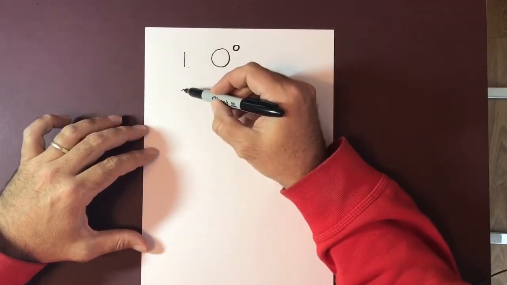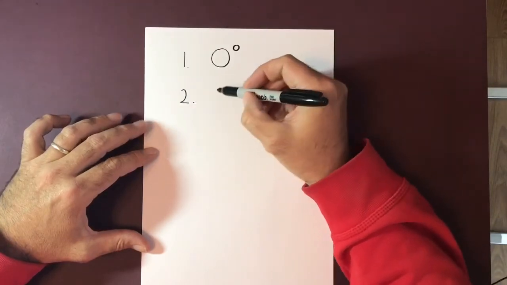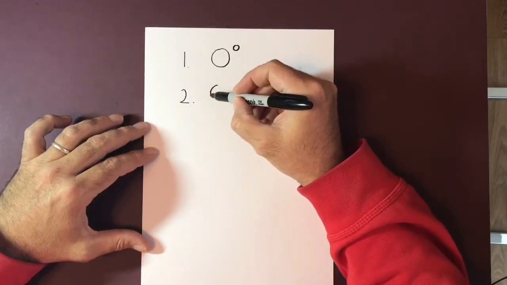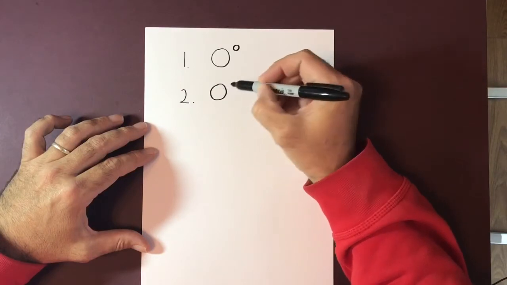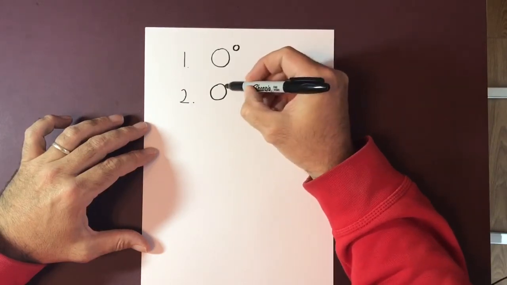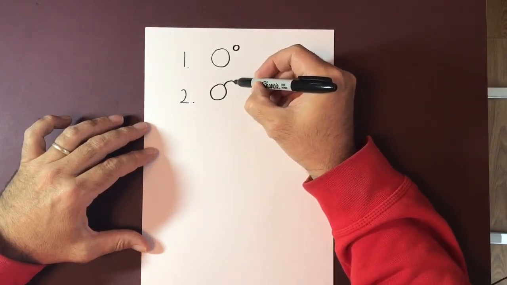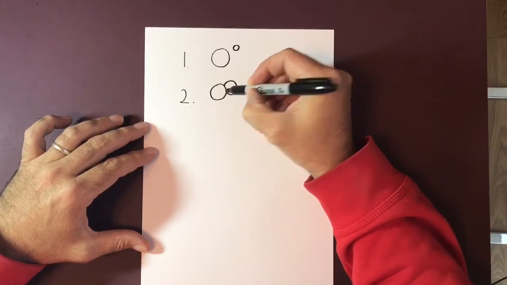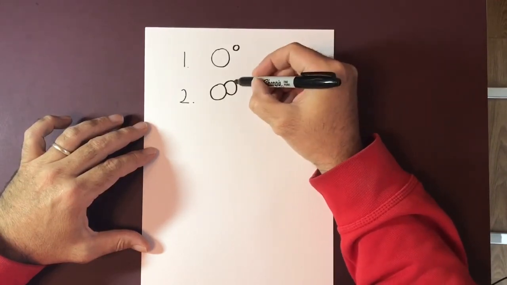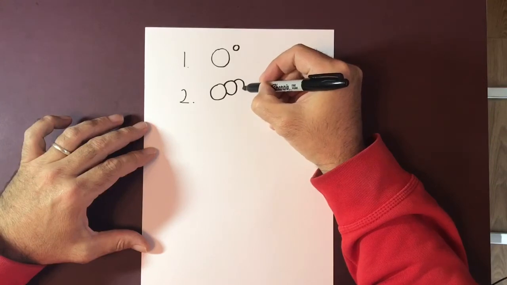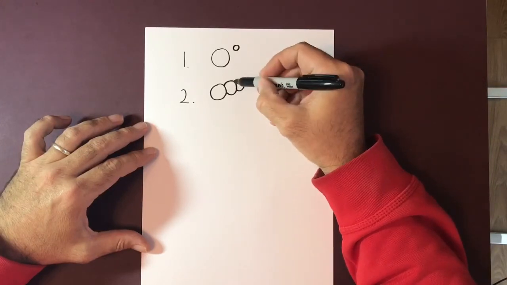Rule number two. If I want to give the illusion that this is in front of something else, what I do is I create a clean edge.